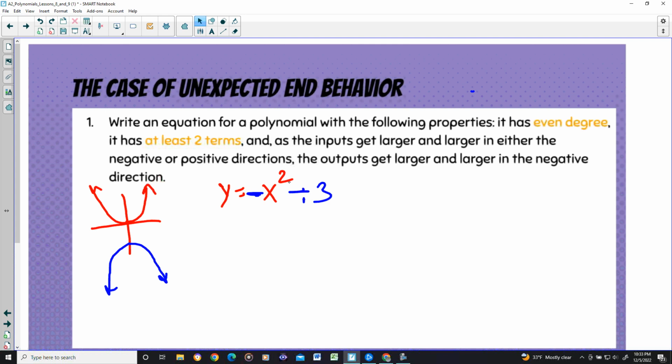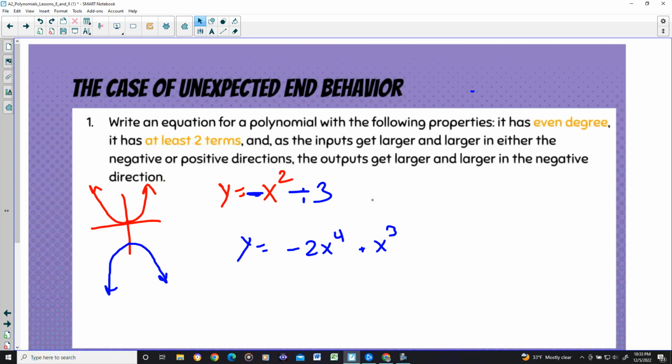Okay, so that's an example. But I could even do y equals negative 2x to the fourth plus x to the third. And it turns out that will still do the same thing. Why?